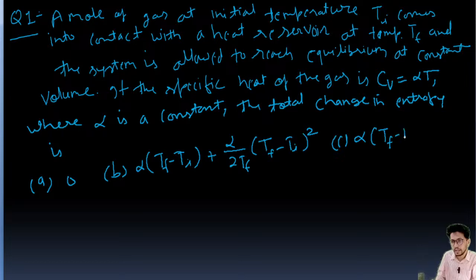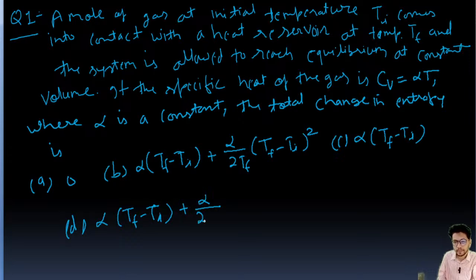And option D is alpha (Tf minus Ti) plus alpha upon 2Tf into (Tf square minus Ti square). Okay, so this is the one.